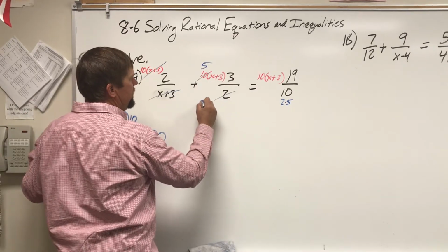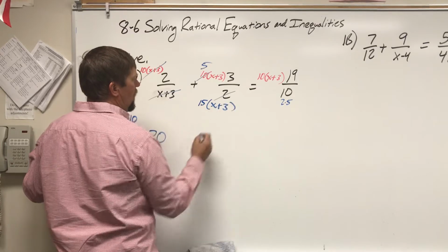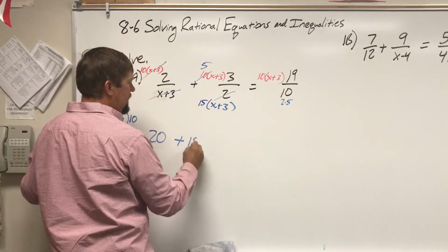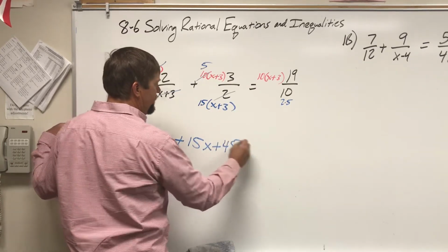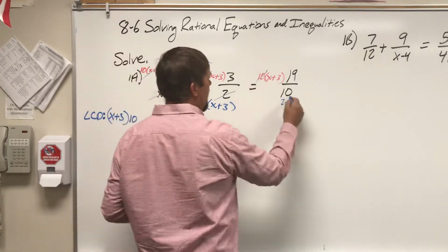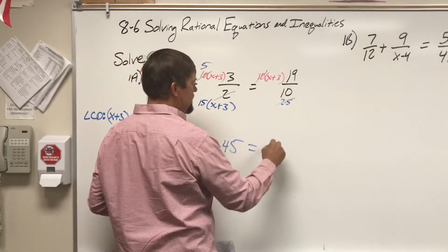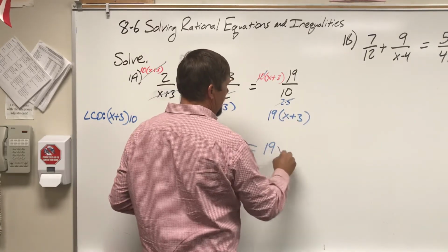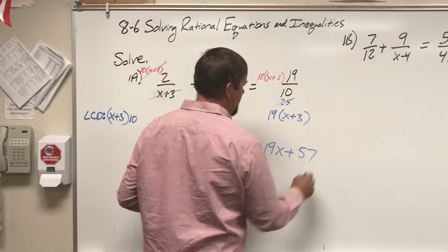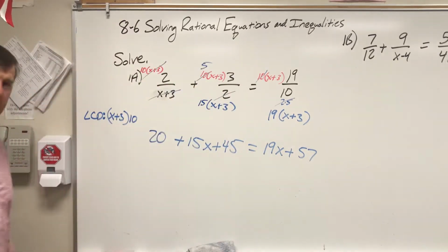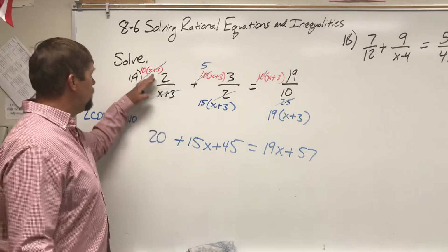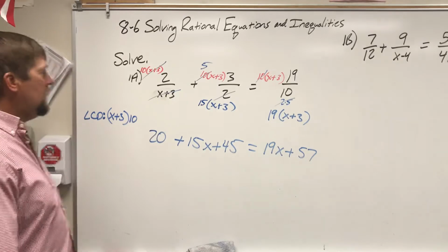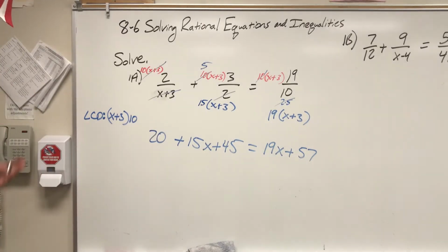That leaves me with 15 times x plus 3, or plus 15x plus 45. This one, the 10's cancel, leaving me with 19 times x plus 3, or 19x plus 57. There, I just got rid of all of my denominators because all of the denominators canceled with the least common denominator, and that leaves me with this equation.